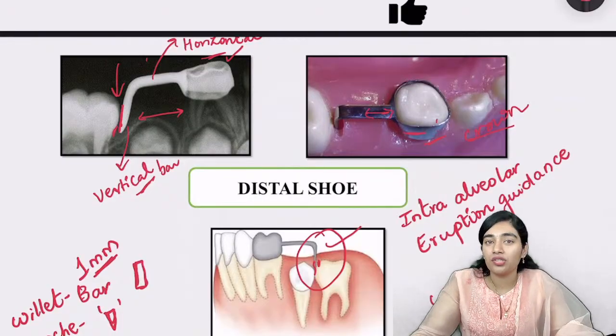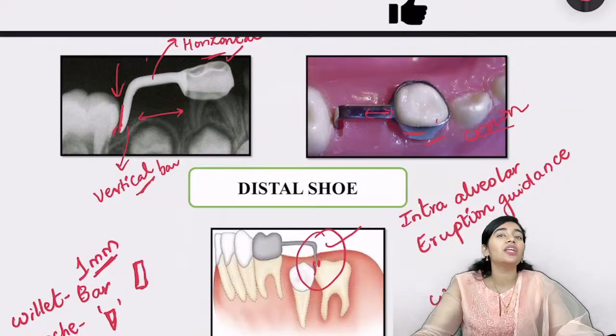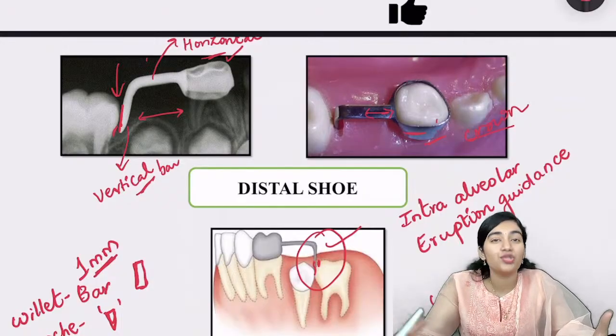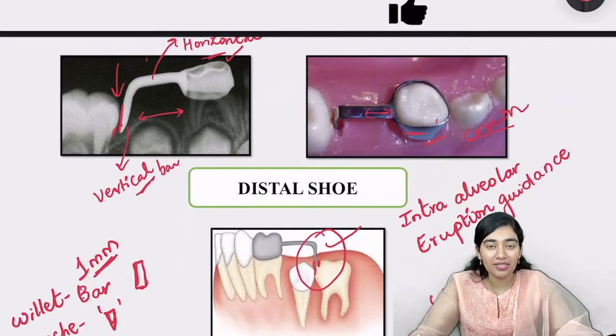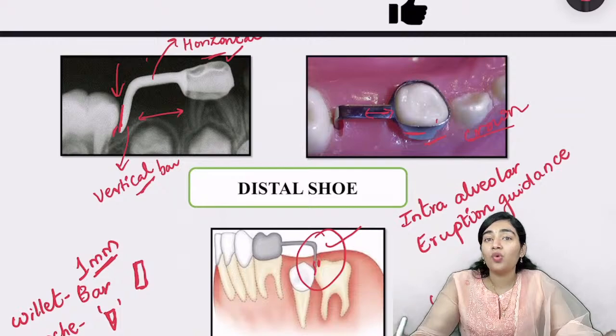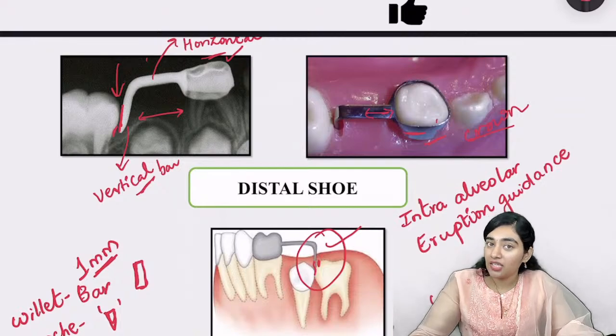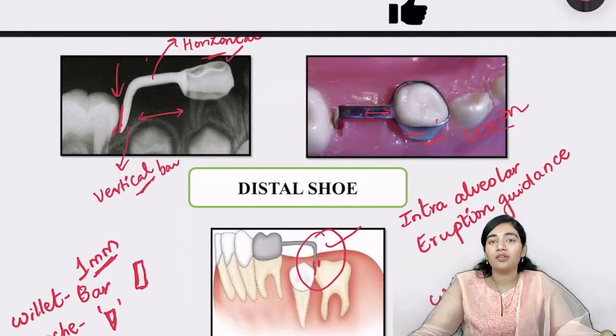The indication as well as the contraindication of each appliance is of utmost importance. So I hope this discussion has helped you to crack clinical based questions, because every year there might be 1 to 2 case based scenarios or one diagram based question that is usually asked in your MDS.